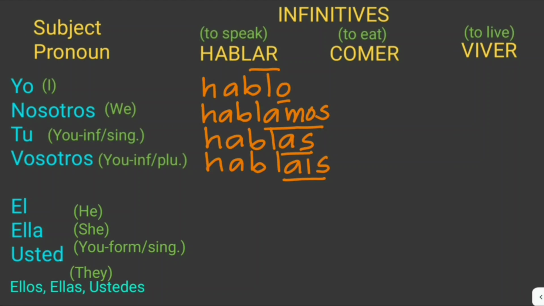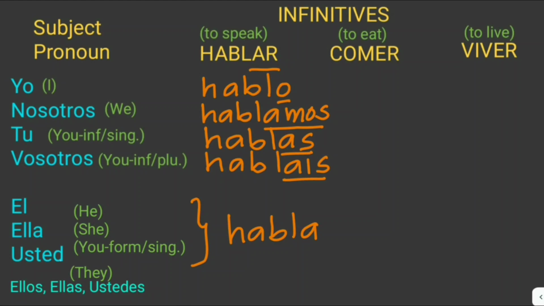Now how about the he, she, it, él, ella, usted? We would just change ar to a. So this would be habla. Él habla español. Ella habla español. Usted habla español.